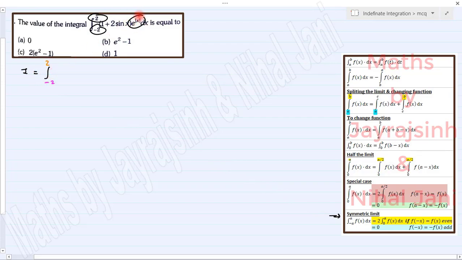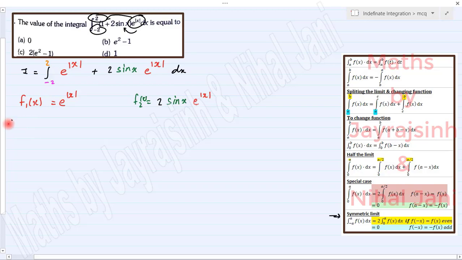Let's say this e raised to mod x multiplied with 1 will give us e raised to mod x, and multiplied with the second term will give us 2 sin x into e raised to mod x. So here we have combination of two functions. Let's say your first function is e raised to mod x and your second function is 2 times sin x into e raised to mod x.